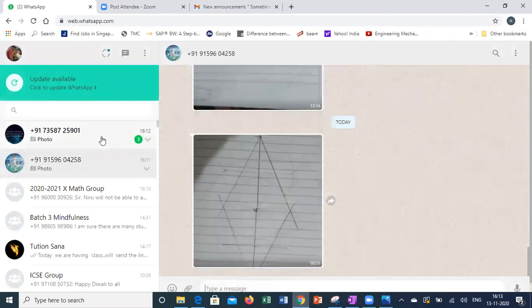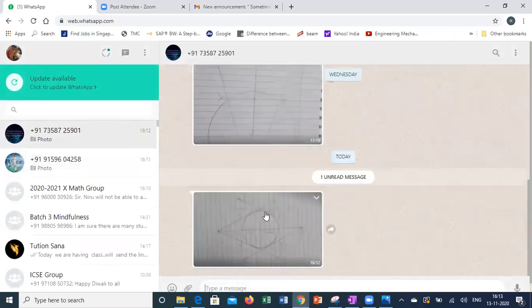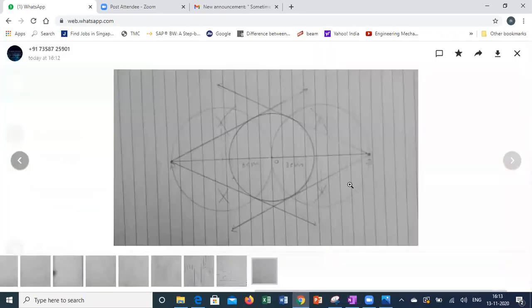Sir, I'm not getting it properly. So this is also correct. Extend the diameter. On the left side you take 1 point, and on the right side you take a point at a distance of 7 centimeter. Sandhya, yes, it's good, correct.